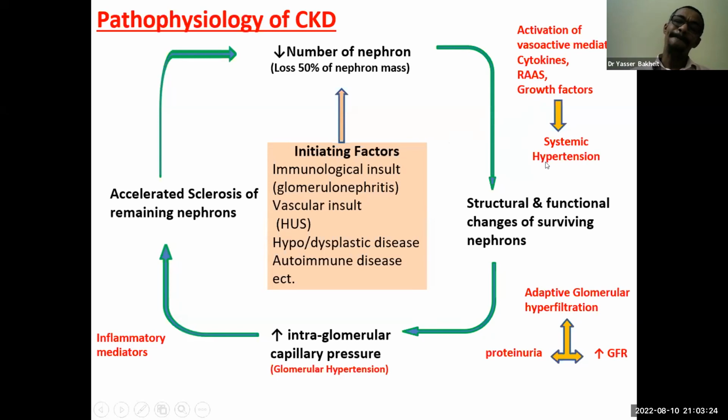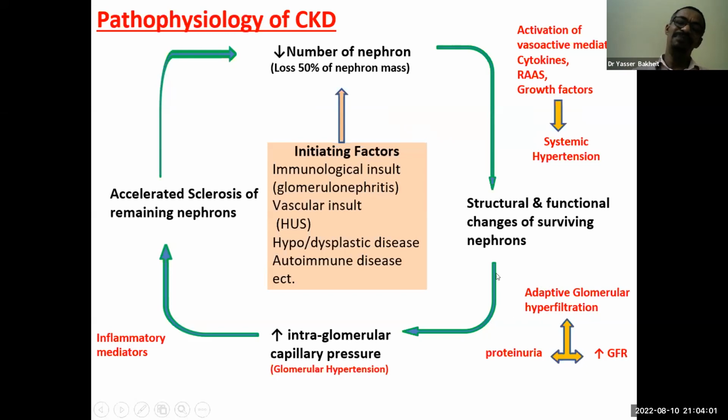With the load on the surviving nephrons, there is a mechanism called adaptive glomerular hyperfiltration. The nephrons become hyperactive to compensate for the others, which can cause proteinuria and increased GFR at this stage.